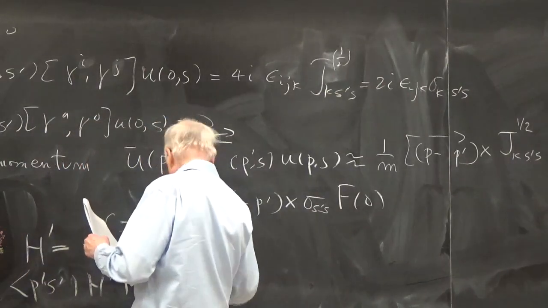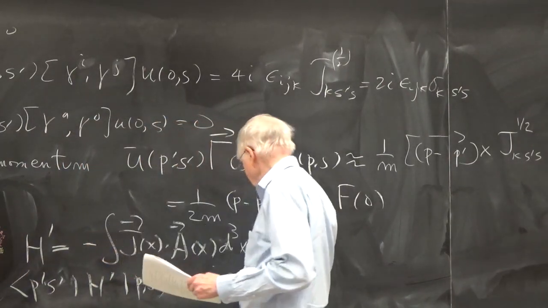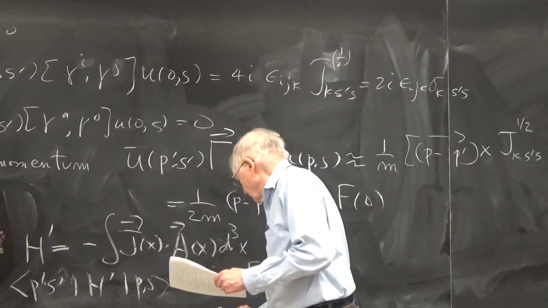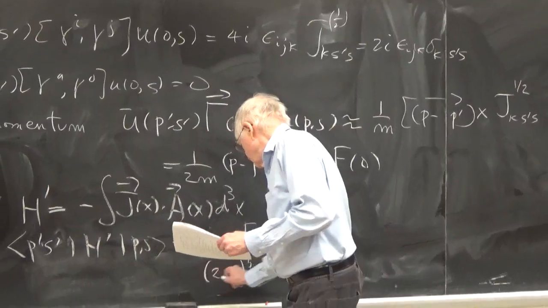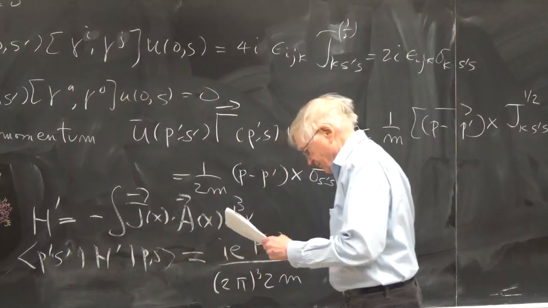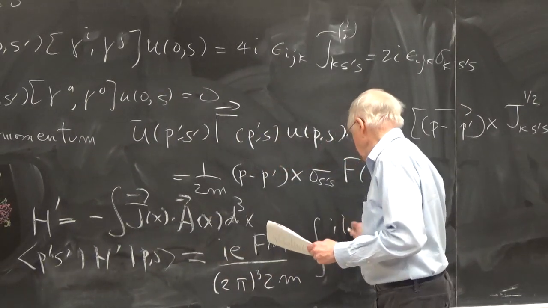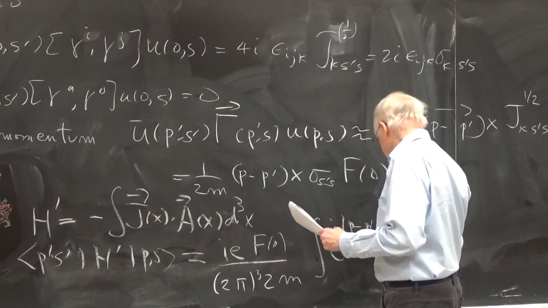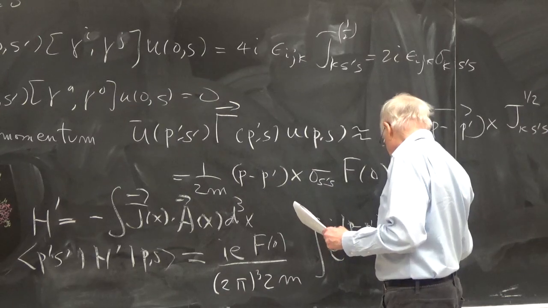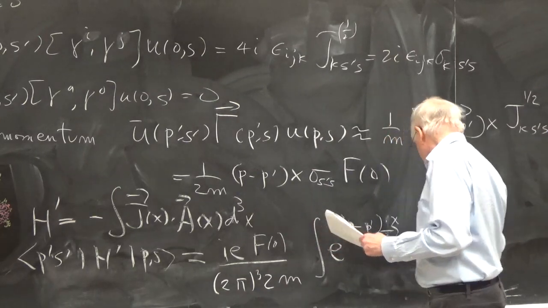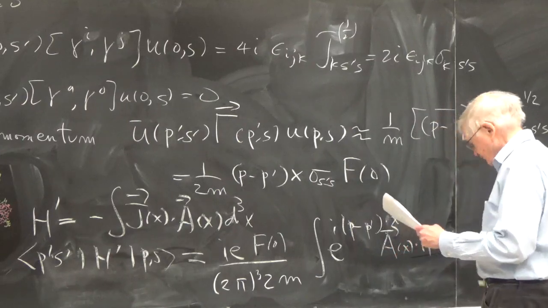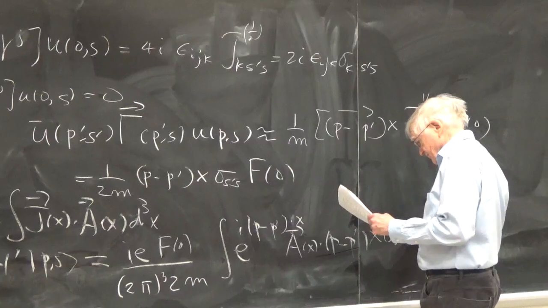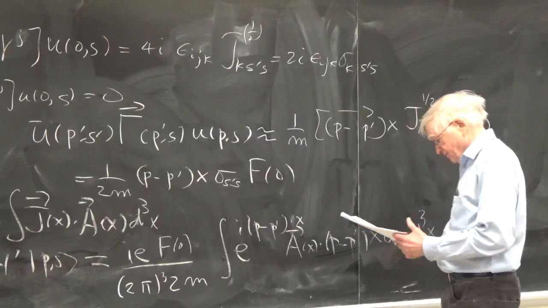And this is then something like i e F of 0 over (2 pi)^3 2m, integral e to the i (p minus p prime) dot x, A of x dot (p minus p prime) cross sigma of s prime s d cubed x.